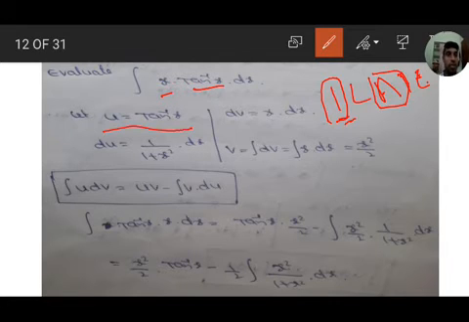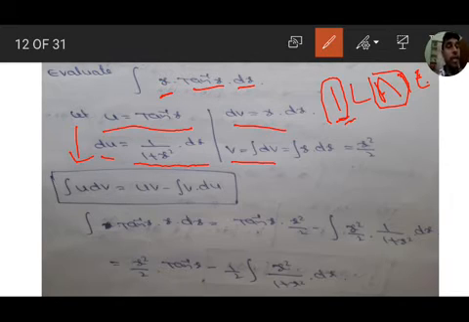First function u equal to tan inverse x, and second function dv equal to x into dx. So the derivative of the first function, du, is 1 by 1 plus x square dx. And v equal to integration of dv, so integration of x into dx is x square by 2.